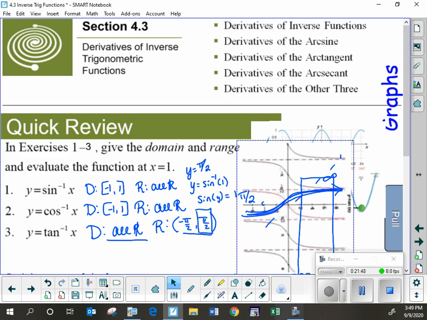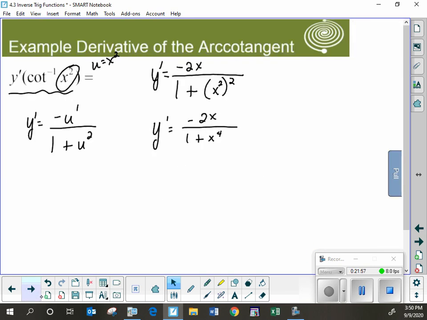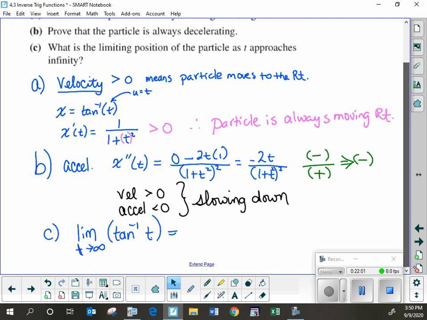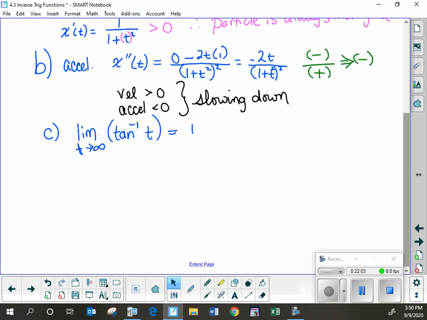So my tan function becomes this. So as I head to infinity, it approaches pi over 2. Hopefully that made sense. So this is pi over 2.